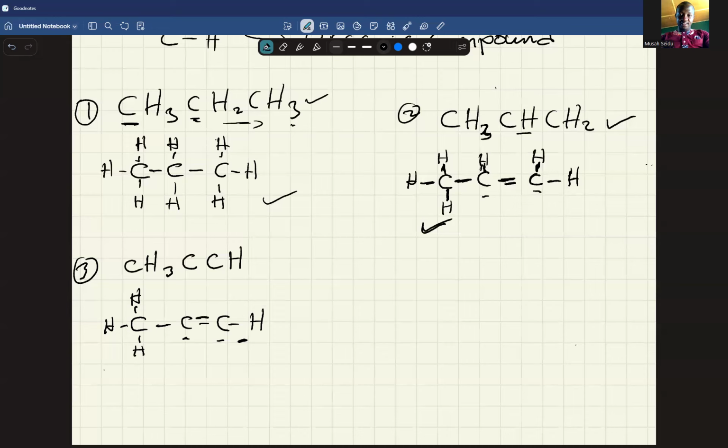So if I put a double bond here, then I ask myself, does this C have 4 bonds now? No, it has 3. This has also 3. So if I put another bond, then I know that putting another bond makes all of it okay. Now, this one here has 4, this one has 4. So the structural formula of this is that. Now, let's move on to another example.